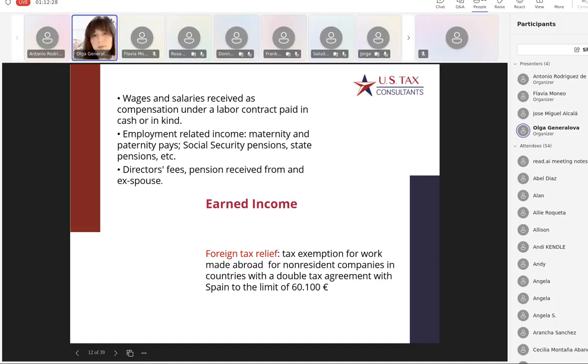Also, there is a quite common question about how IRA or Roth IRA distributions will be taxed in Spain. IRA distributions and similar retirement products are taxed in Spain as earned income as well. And Roth IRA distributions are supposed to only pay taxes on the capital gain portion.